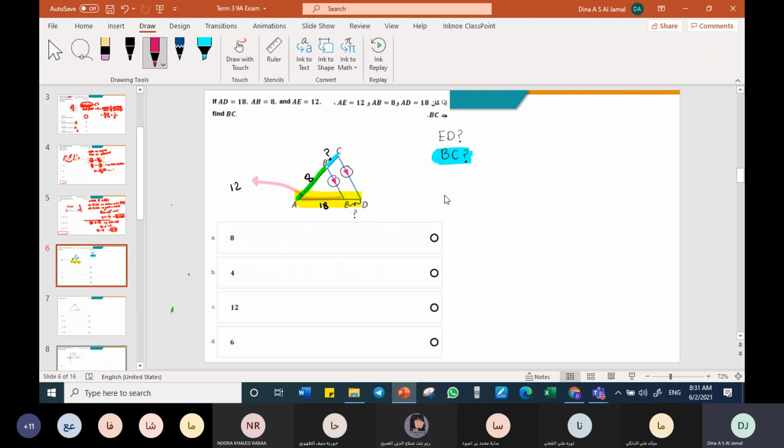Remember, he gave me a segment from A to D. All of it is equal to 18. Then he told me that from A only to E, you are having 12. So now, how can you find ED? 18 minus 12, 6.